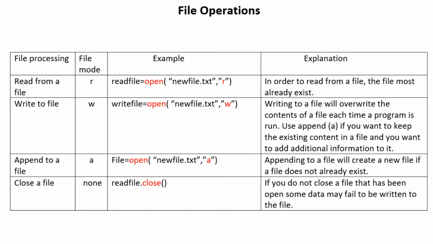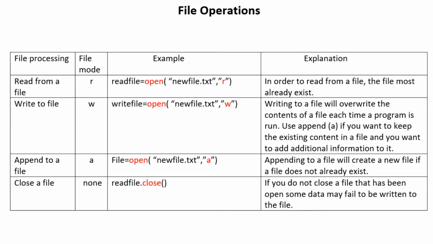So the syntax for reading a file is your variable name, read file, then you assign it the value of the contents of your file. So you'll have read file equals an open function, and then the file name, whatever you call the file that you're going to read.